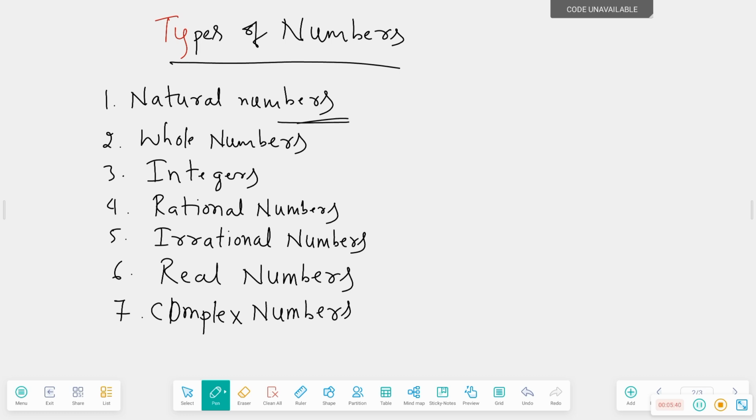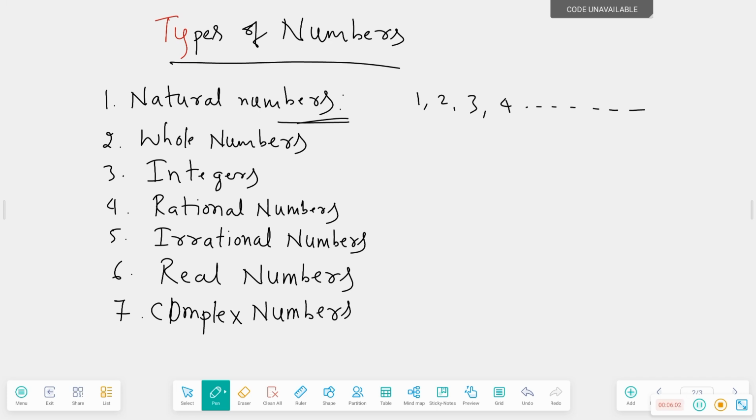See, natural numbers are nothing but the numbers which we are using for counting. For the purpose of counting, we are starting from 1, 2, 3, 4, and it continues and so on.